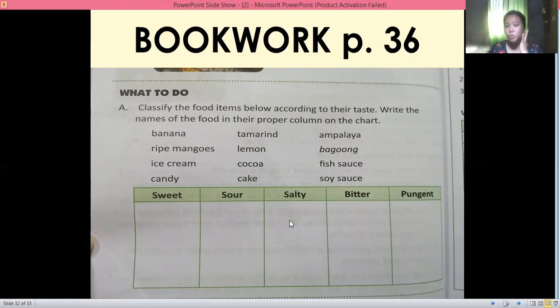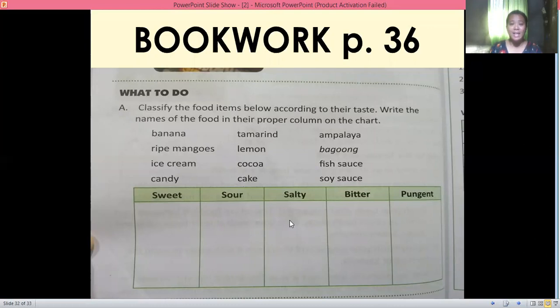Now, open your book again, your science book, and please go to page 36. What are we going to do on page 36? Are you there now? Very good. You can pause this video if you are not yet on the page.